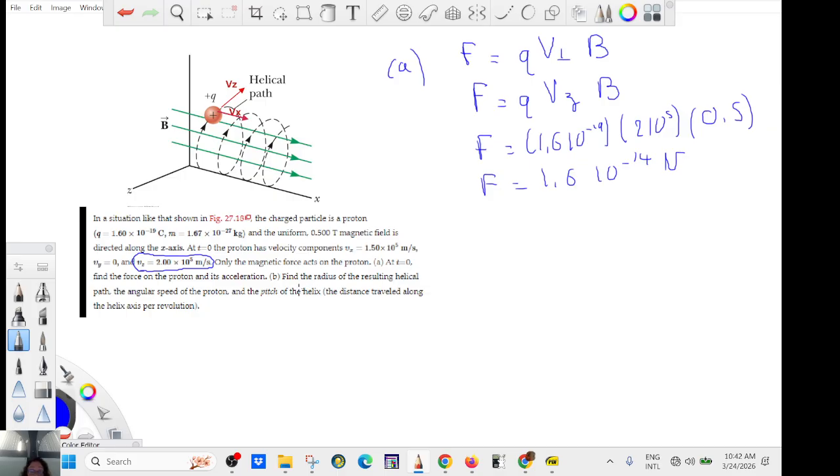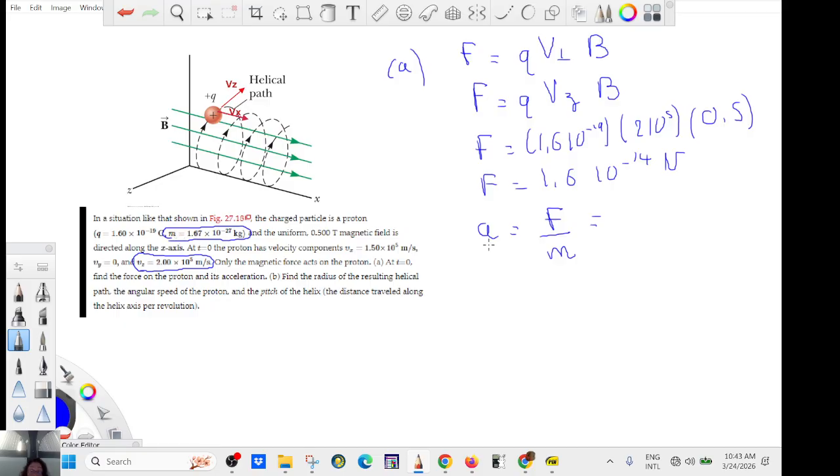And then it says acceleration. The acceleration is a centripetal acceleration. It makes it go in a circle, but the definition is still F equals ma. So it's just the force divided by the mass, even though it's a centripetal acceleration. So you divide by the mass, and it's a proton.